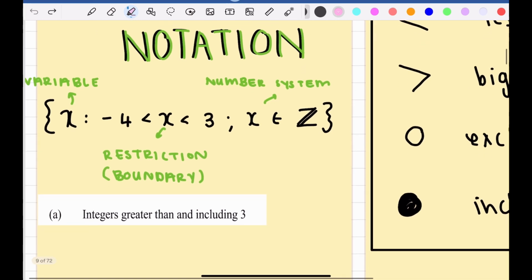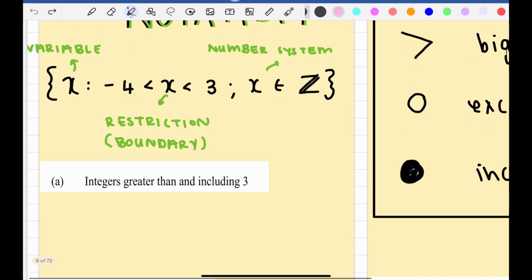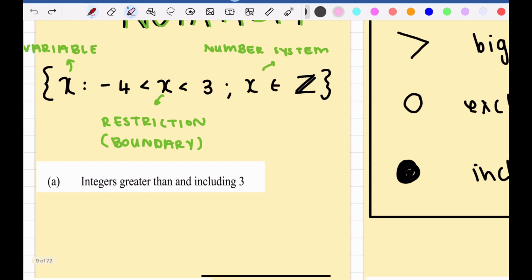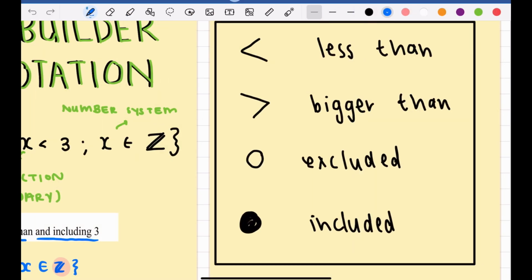So let's try and represent these with set builder notation. Here, just to quickly go over the signs. This one at the top means less than. So whatever you write in front of it is less than. It opens up to the bigger one. This one means bigger than, okay?